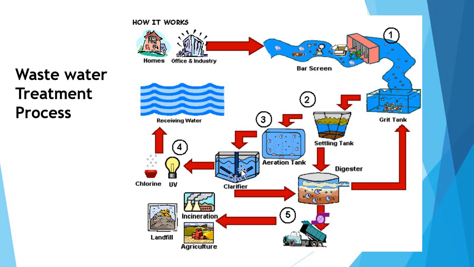Once the detention time is over in the clarifier, the water will be disinfected using chlorine or UV, and then it can be stored or discharged into the environment, maybe a river outfall, an ocean, or a sea.